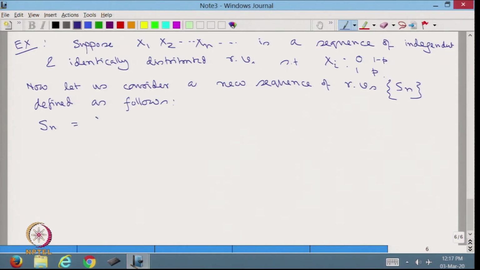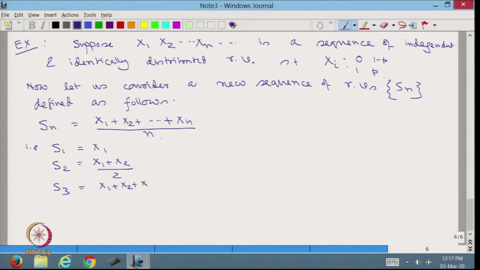S n is equal to x 1 plus x 2 plus x n by n, that is S 1 is equal to x 1, S 2 is equal to x 1 plus x 2 by 2, S 3 is equal to x 1 plus x 2 plus x 3 by 3, S k is equal to x 1 plus x 2 plus x k by k, like that.